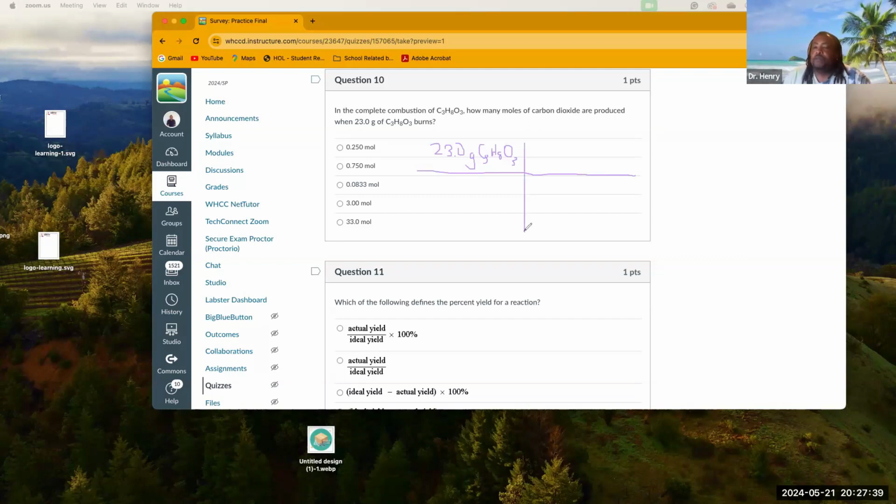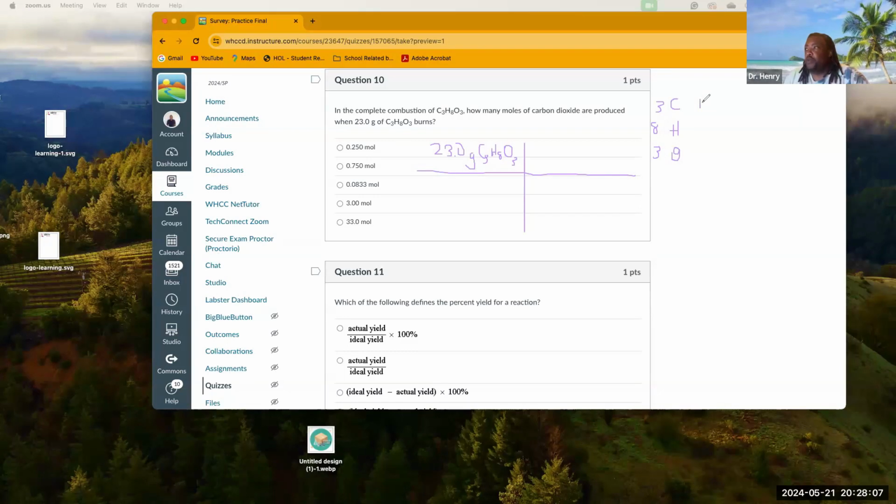Okay, so we're going to have to do what first before we can finish? We're going to have to determine the molar mass of our compound. So we know that we have 3 carbons, 8 hydrogens, and 3 oxygens.